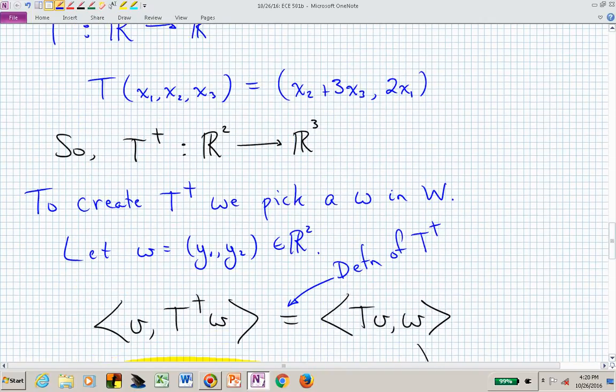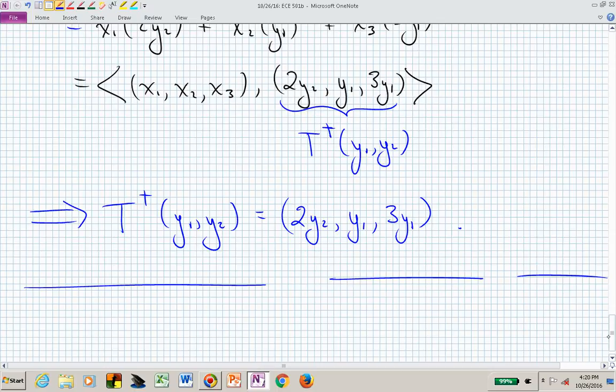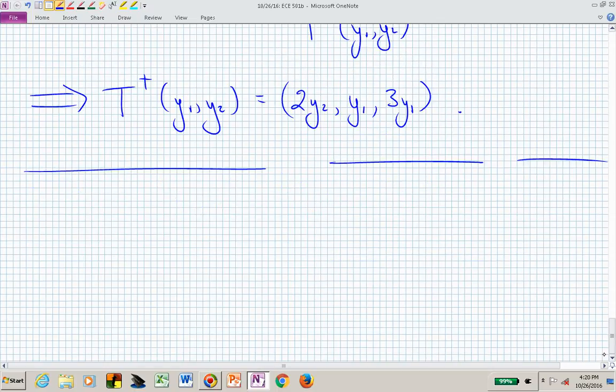T went from R3 to R2. Its adjoint goes from R2 to R3. Now let's look at some properties of that. That was just an exercise to show how you can create or build the adjoint based on the definition.